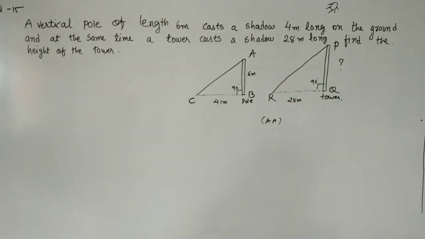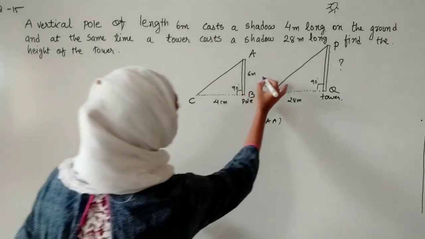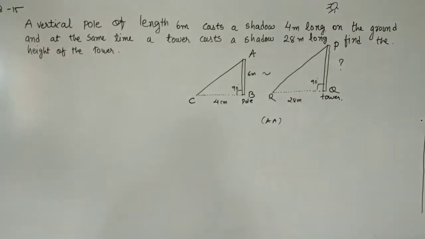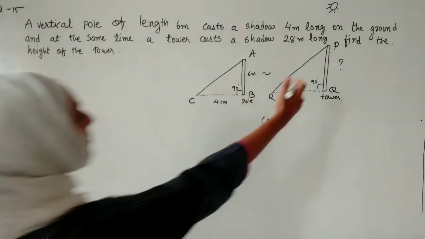But in the board exam, if this kind of question comes, you will not know from which exercise they have asked it. So you can use any method, but right now we know that it is from exercise 6.3. So we must prove these two triangles similar, and by taking the two triangles similar, we will take ratios of the sides and then we can find PQ.